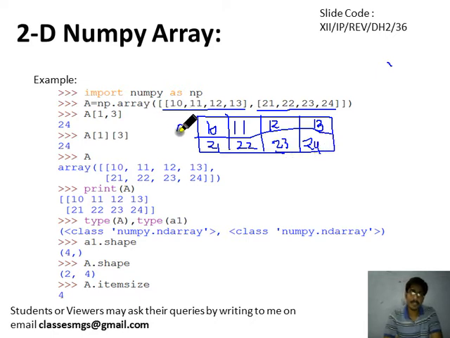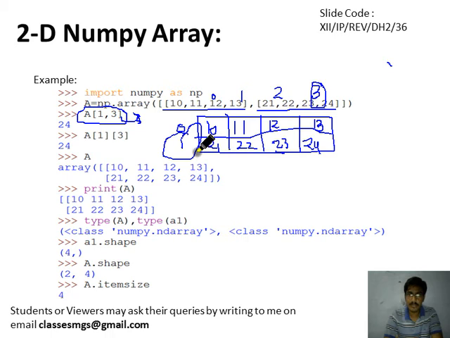Now it has index 0, index 1, and column indexes 0, 1, 2 and 3. Now we want to access the element at the first row and third column. The first row is index 1, and index 3 is this.